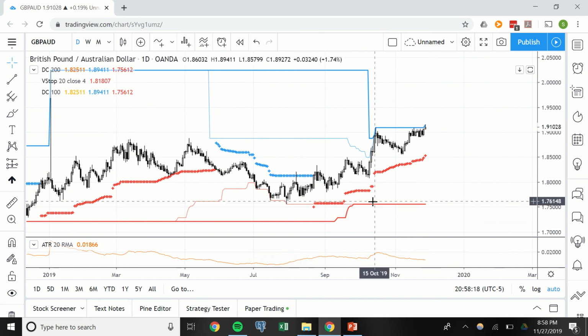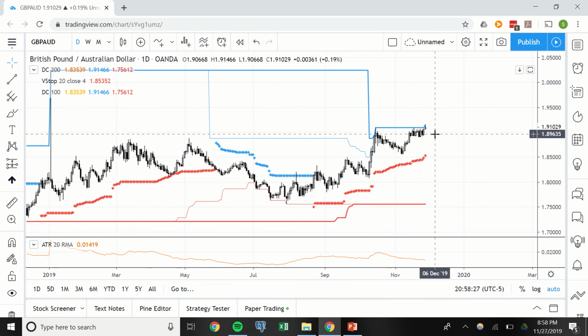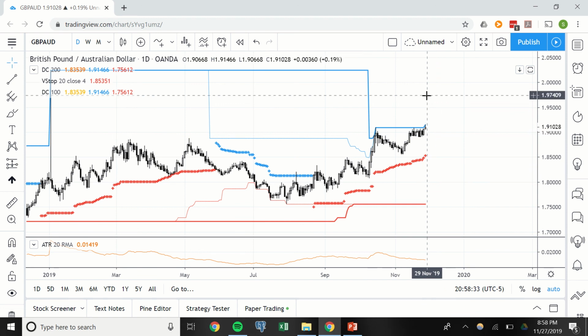So here was a new 200-day high recently back in October on the pound Australian dollar, and this would still be in a long position here, and it would have been entered at this level, and the stop would be down here. So this is all systematic.